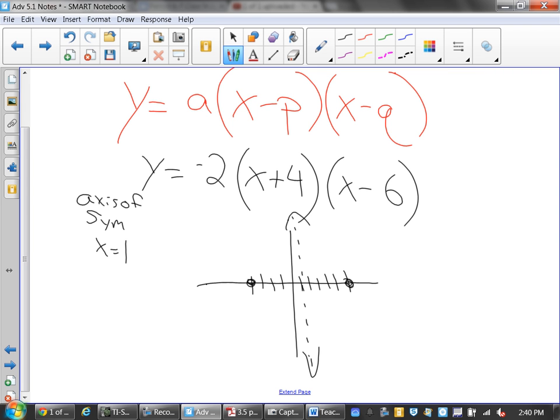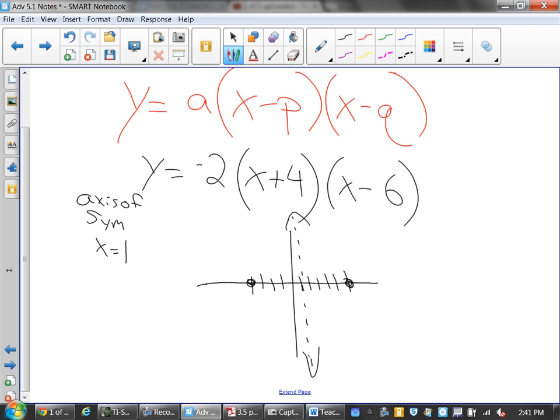Now, how do I find my vertex? I substitute back in. Once you find that axis of symmetry, we're not doing the opposite of b over 2a. We're taking the midpoint of the zeros. Substitute in, and there's your vertex.